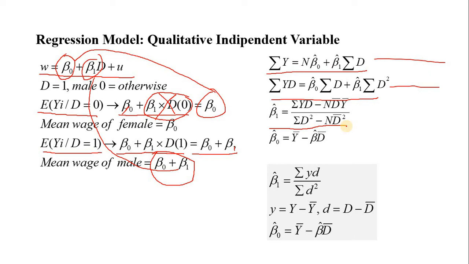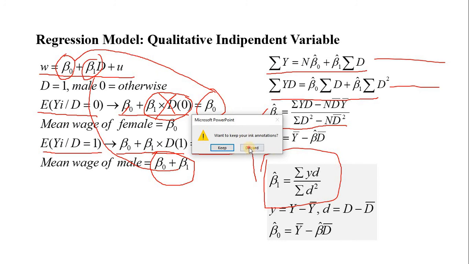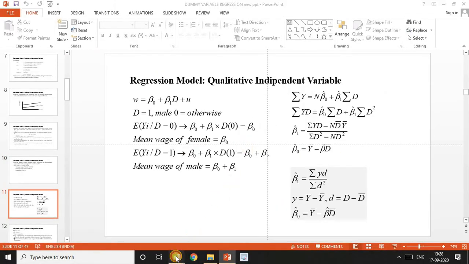Similarly, you can find beta cap 1 using the deviation method, which is much easier: sigma small y into small d divided by sigma small d square. Then you will get the values of beta cap 0 and beta cap 1. So let us see how we can do this problem.